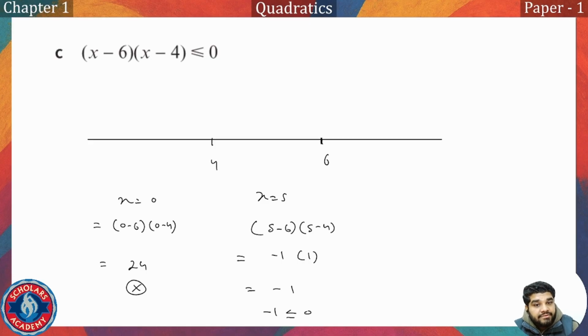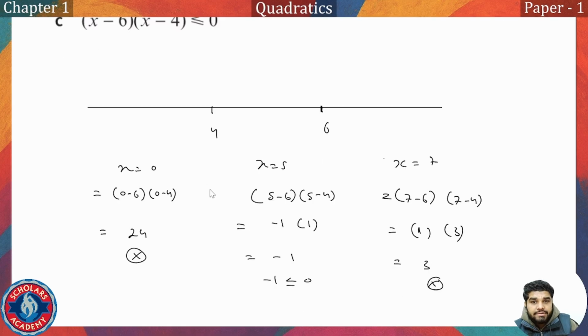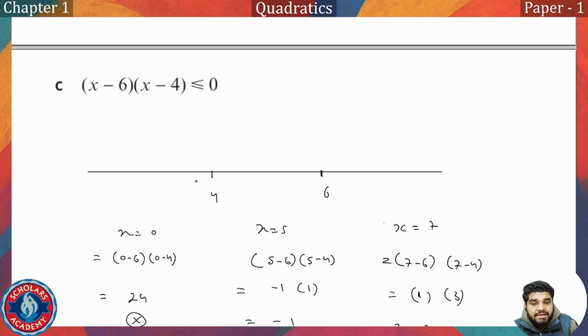And if I take any value from the last interval, let's take x equal to 7. (7 - 6) times (7 - 4), so what we get is 1 and 3, so 3, and this is also not less than 0. And we also need equality over here, so less than or equal to 0.